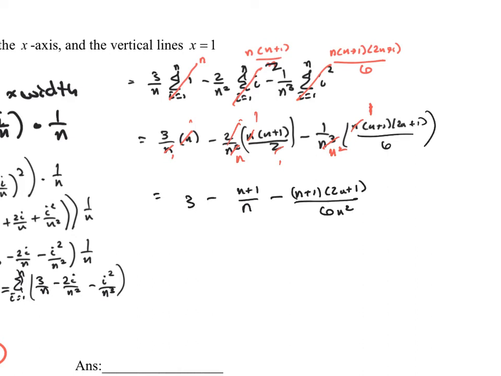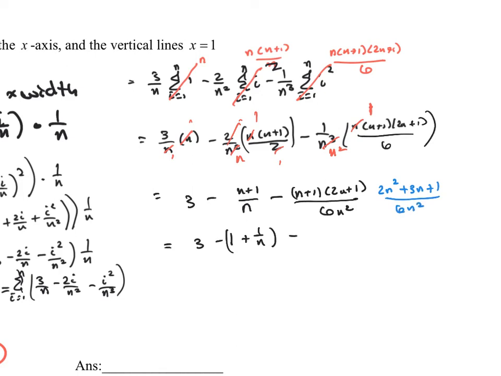So I can go further and try to separate and simplify each one of these terms. So this would be 3 minus n over n is a 1, and then plus 1 over n. And then on the next one, well, I'd have to distribute this out. So let's think about what this would be. This would be 2n squared, and then you'd have plus n plus 2n, so that would be plus 3n, and then you'd have plus 1, all over 6n squared.